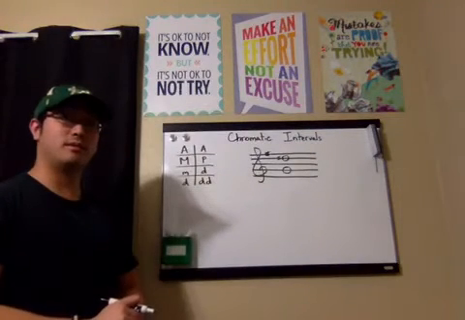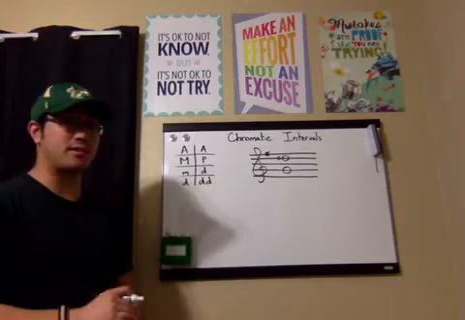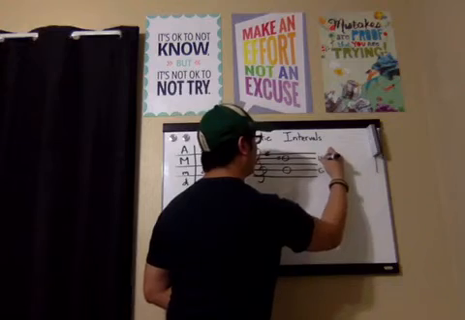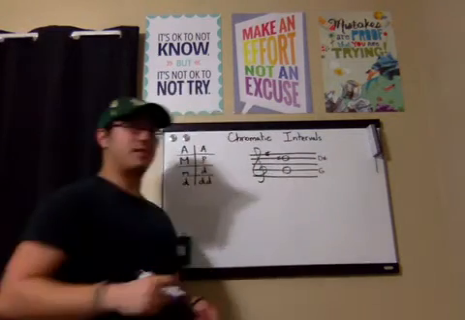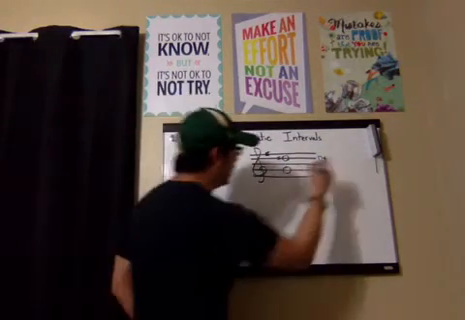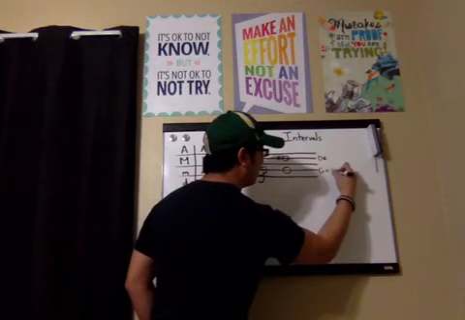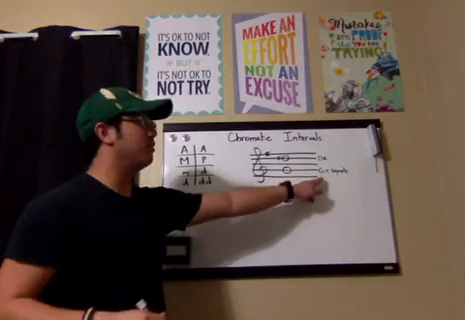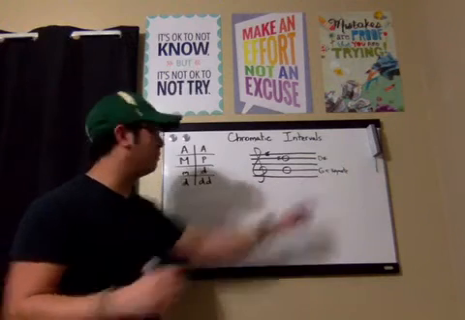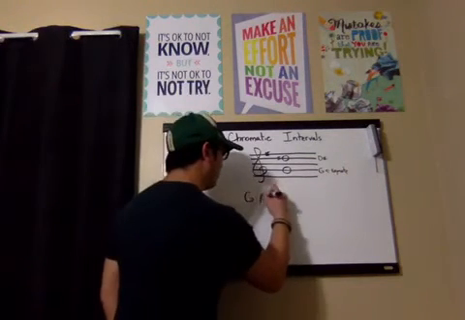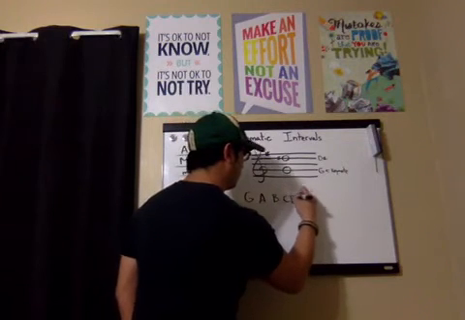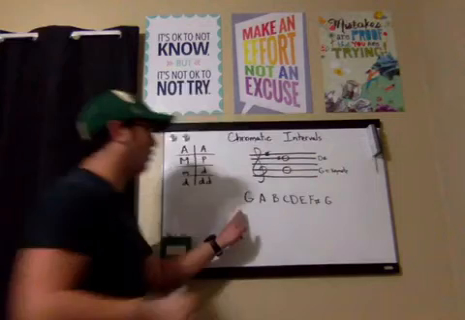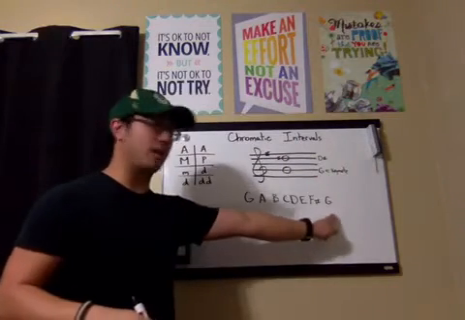Step 1. Identify the two notes. Step 2. Label the keynote. Step 3. Build the keynote's major scale. Step 4. Label the diatonic intervals.